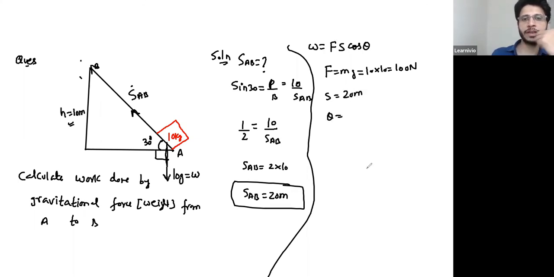How much is theta? How much is the angle between displacement and force? 120. Very good. This is 90 plus 30, so theta is 120 degree.